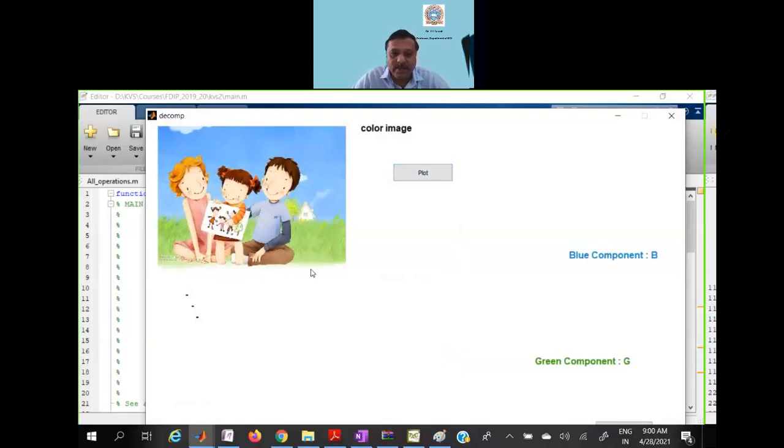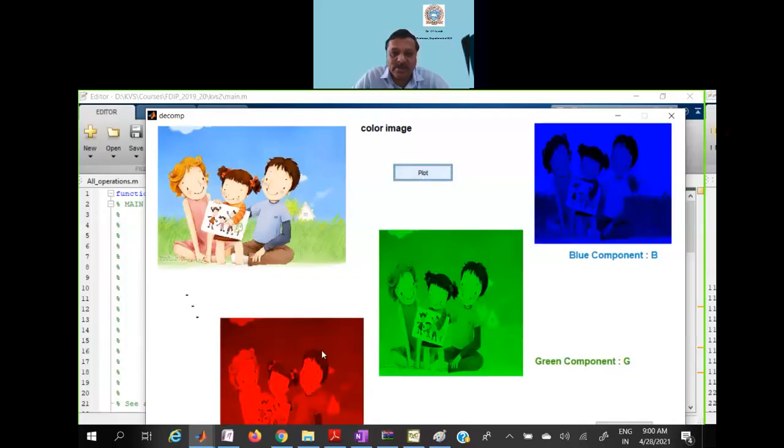Now this is a color image. All of you know that a color image will have different color components. So if I ask to plot the different color components, only the blue portion, the green portion and the red portion, that is what you see. Now carefully observe, this is your blue portion. In fact, if I had represented this as a gray shade, it would have been better.